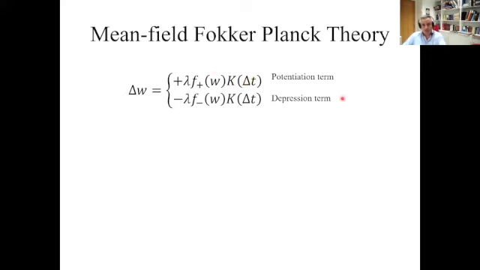Alternatively, if you had a presynaptic spike in the current time interval, we need to go back in time, look at the times of postsynaptic spikes, and compute their contribution to the depression term.